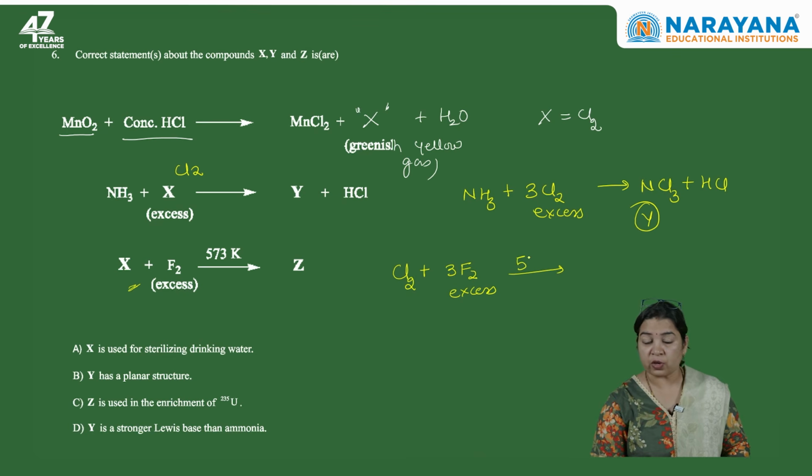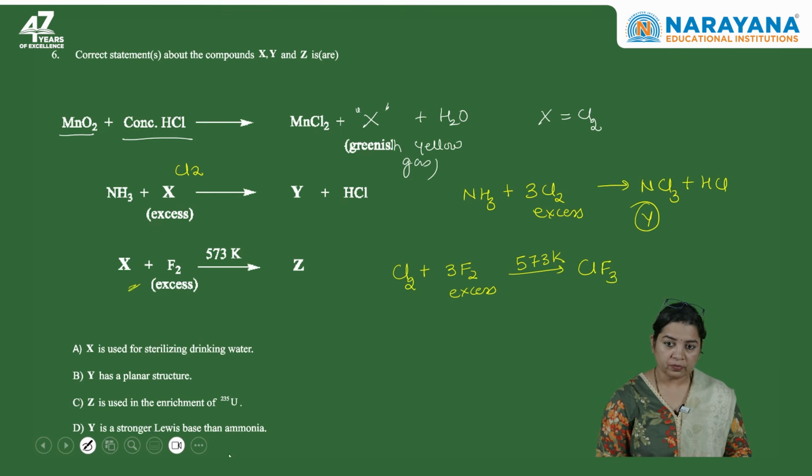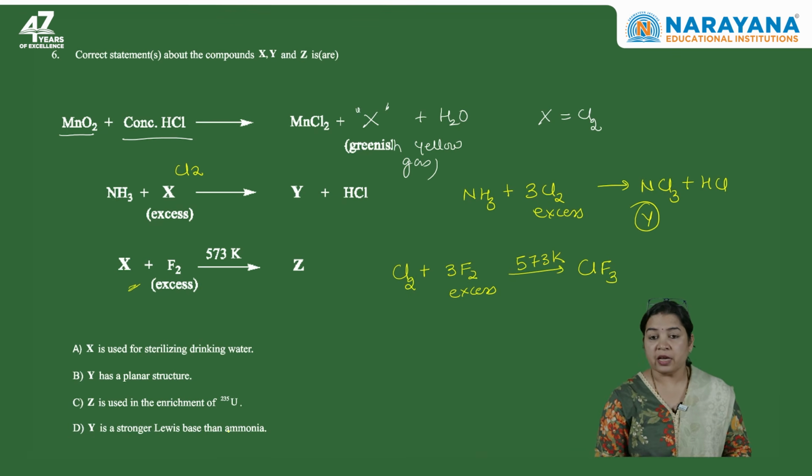Temperature is also important, 573 Kelvin. Then the product formed is ClF3. These are the informations mentioned directly in NCERT in the p-block halogen chapter, where these two reactions are given.